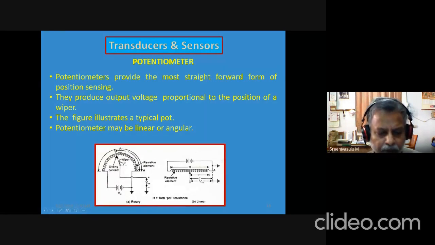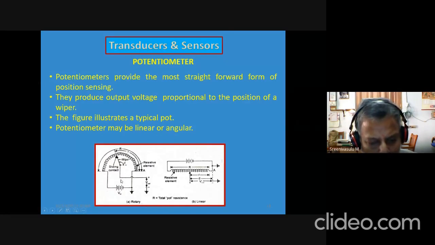That wiper will be maintaining contact. See here, one end of this has been connected, the other end is connected through the wiper. Even here it is happening like that only. This end is connected to one terminal and this is connected to the other terminal. This gives you the output voltage. So these two differences are going to give you the output voltage.